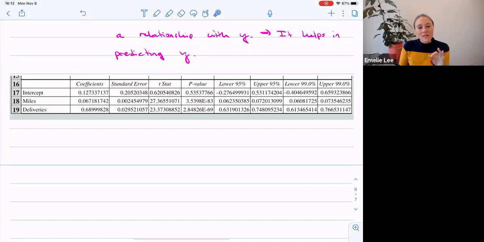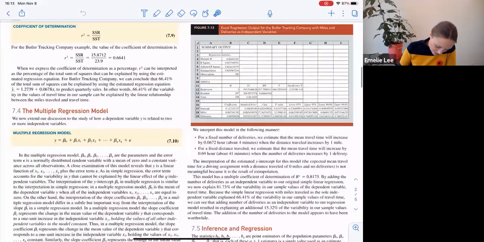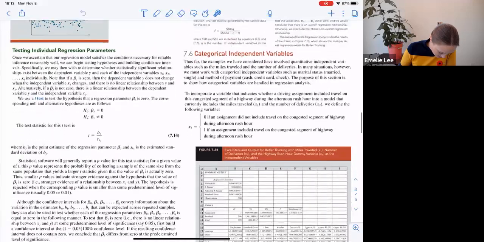The problem is, you have to have some anchor, right? And so the intercept is actually rarely significant, but we keep it in there because we have to have some anchor. Okay. I'm sure I have that somewhere in here, so let me see.